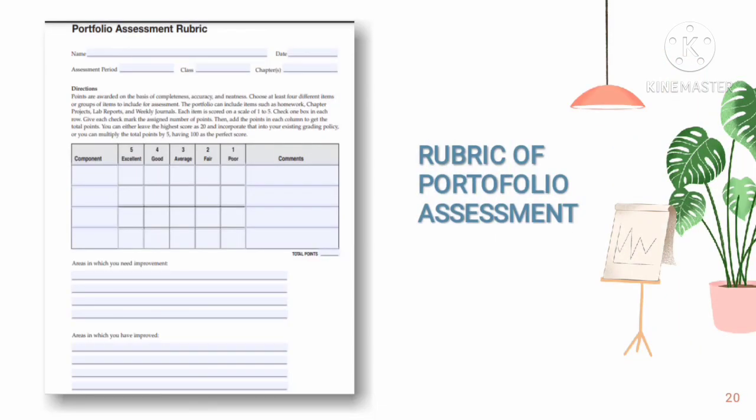And this is an example of a rubric of portfolio assessment. There are some components with numbers. 5 is excellent, 4 good, 3 average, 2 fair, and 1 is poor.